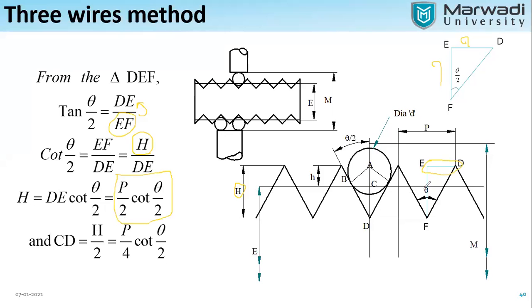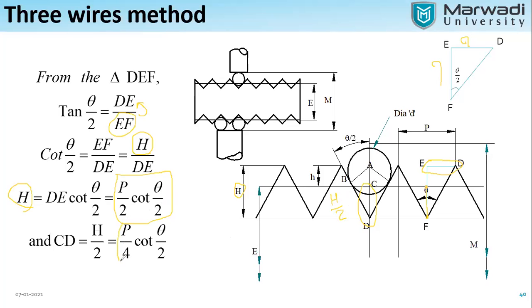But we are interested in the distance from this point to this point, which is equal to distance CD, and that is half of capital H. Now we have the answer of capital H, which is P by 2 cot theta by 2. So distance CD is equal to H by 2.